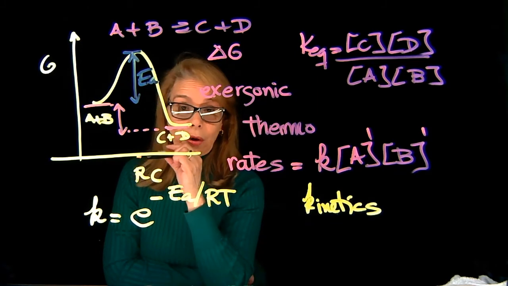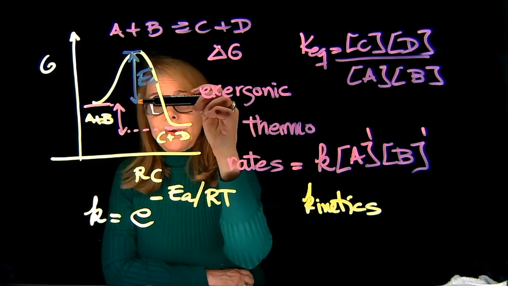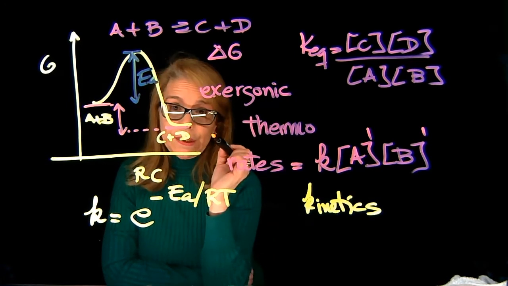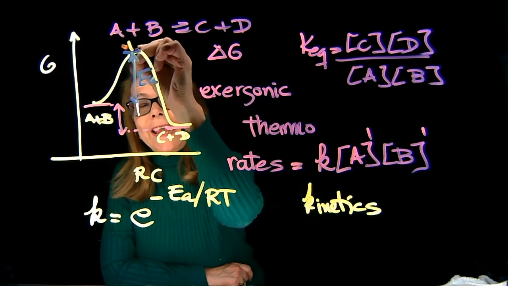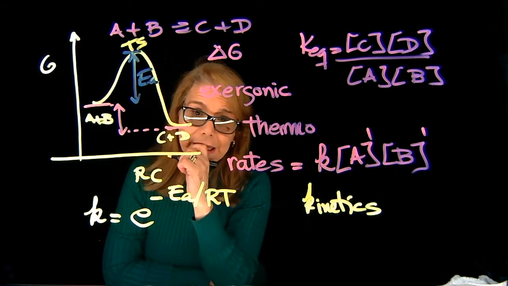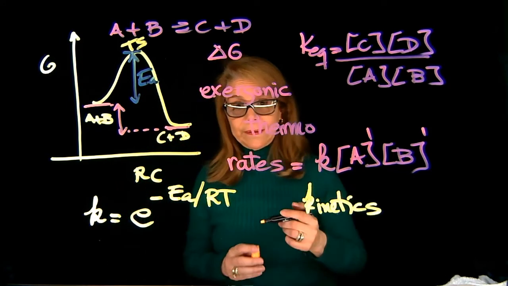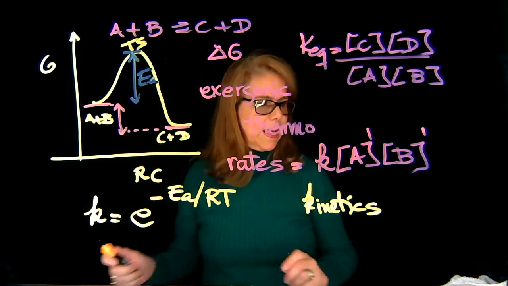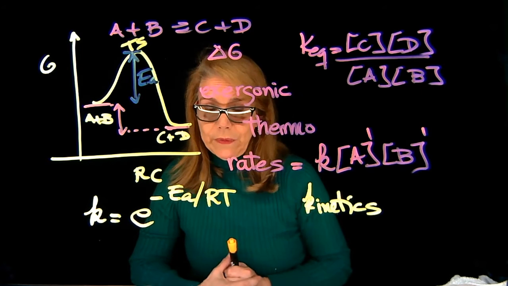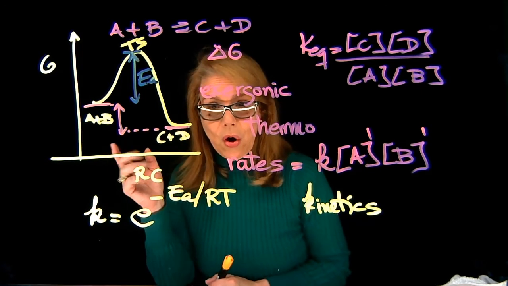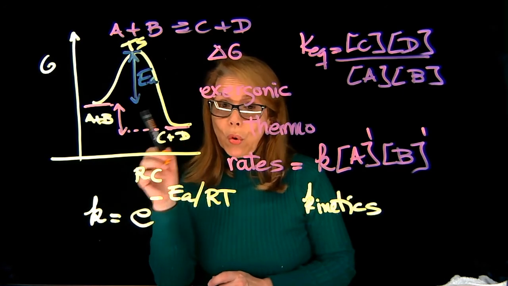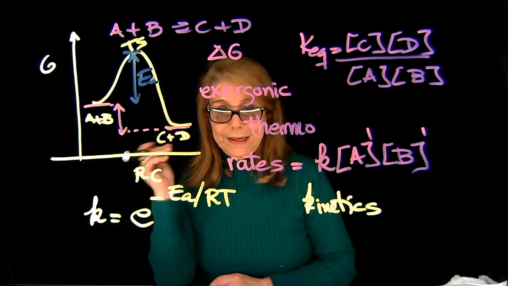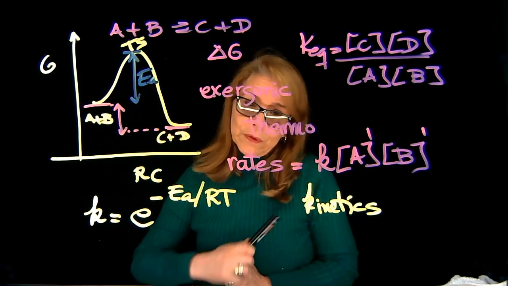And when you're talking about rates, this is where it's going to be important for you, the difference between reactants and the transition state of the rate determining step if you have several steps. So we're going to be doing more of that in another video. I'm going to draw other profiles having more than one step and identifying different points in the curve.